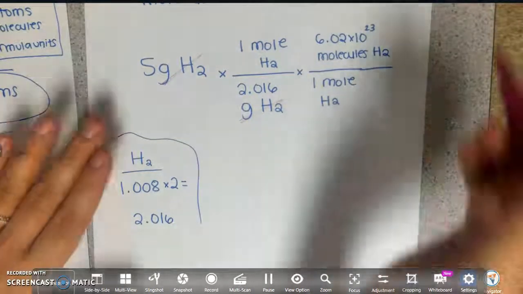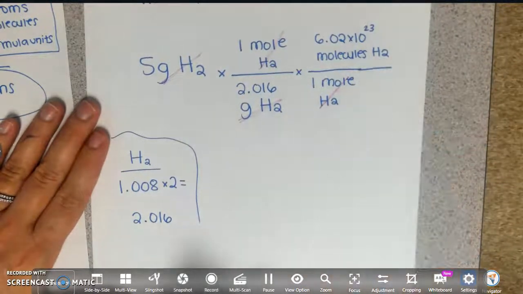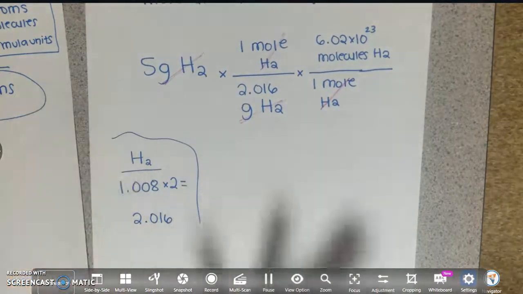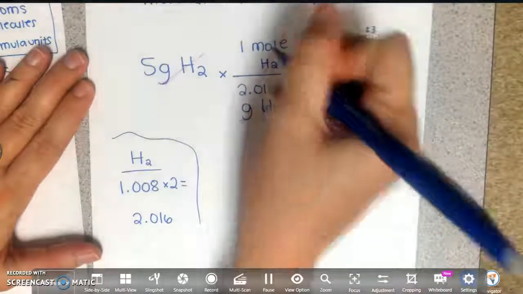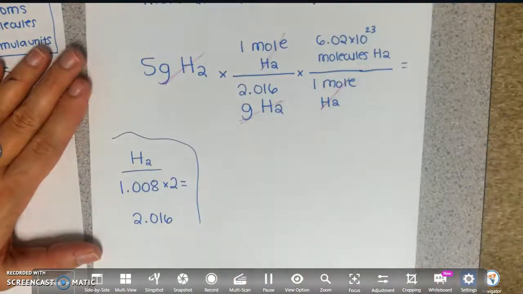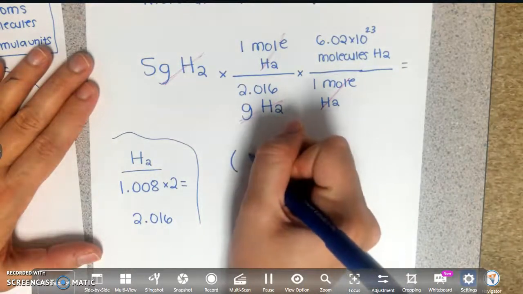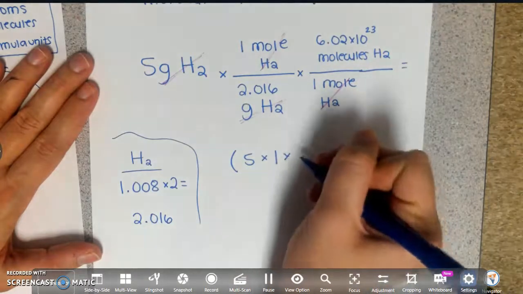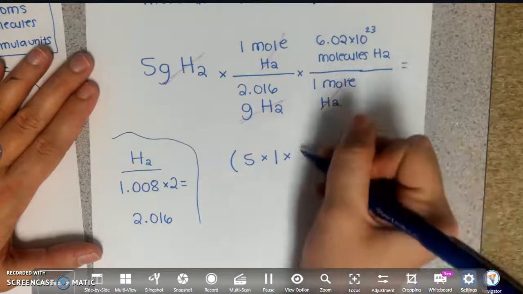Now, that mole unit cancels, and I'm left with what I wanted to solve for, which is molecules of hydrogen. Then to type this into the calculator, all my units have canceled. I have the unit that I want. How I would type this in is do a big parentheses, 5, and then times 1, and then times, anytime you have scientific notation, put the whole scientific notation in parentheses.